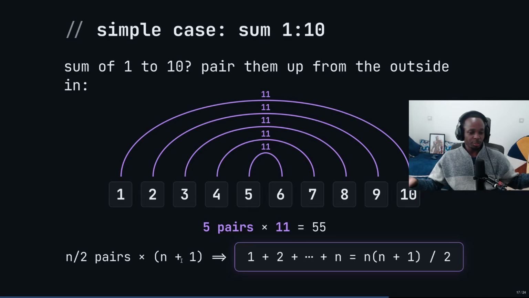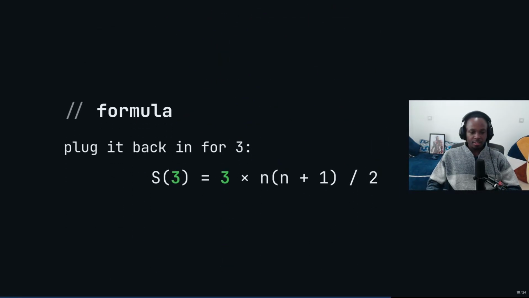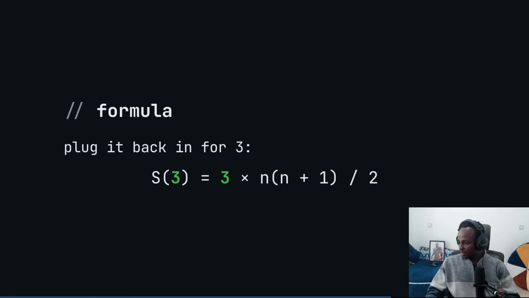And this formula is going to generalize for any value of n. So to get the sum of the first n integers, all you have to do is n times n plus 1 over 2. So that's that. Let me bring myself down again. There we go.